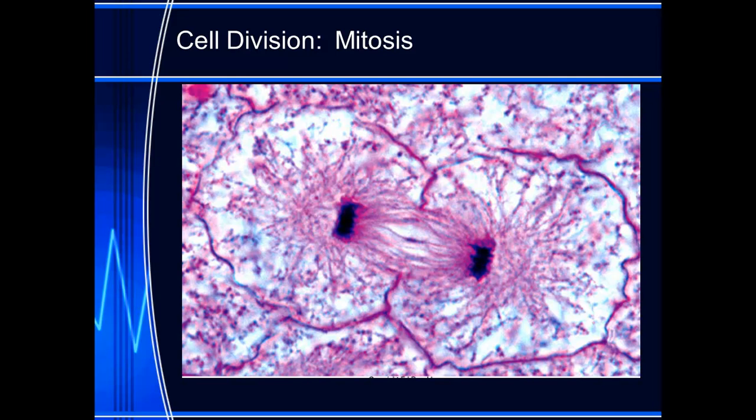Ultimately, those centrioles help pull and separate the material that's within the nucleus apart, leaving behind an ability to duplicate the DNA exactly as it was, so that we have two new daughter cells with the exact replicated DNA from one to the other. So for mitosis, that is how I want you to review this particular topic.